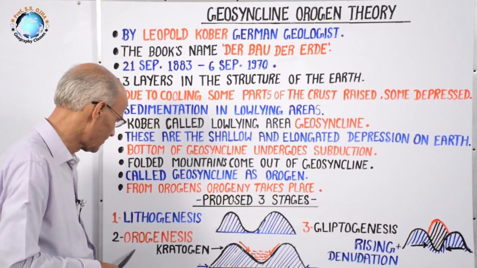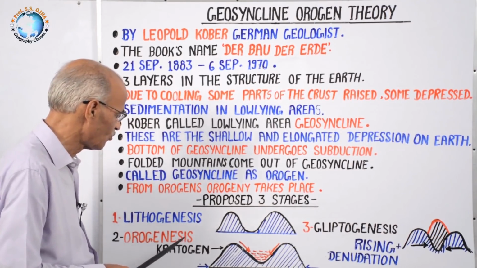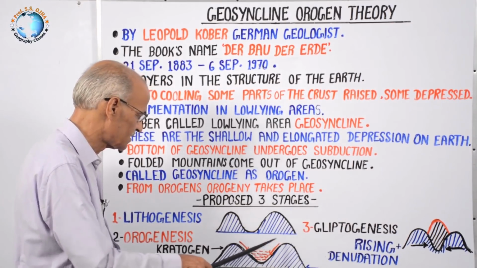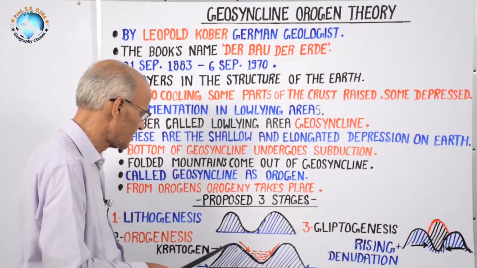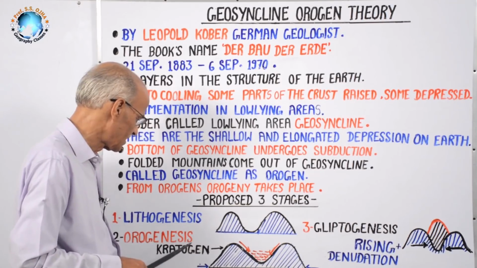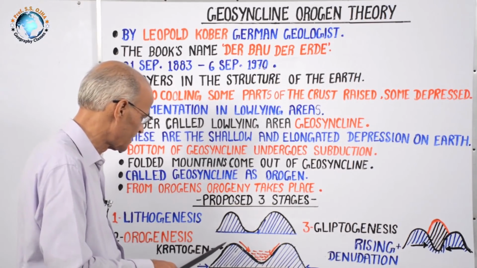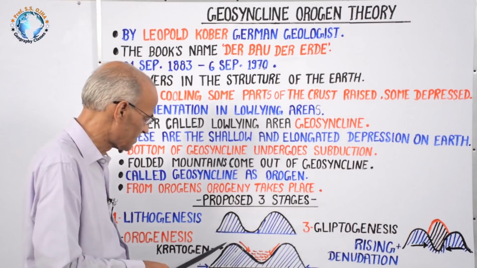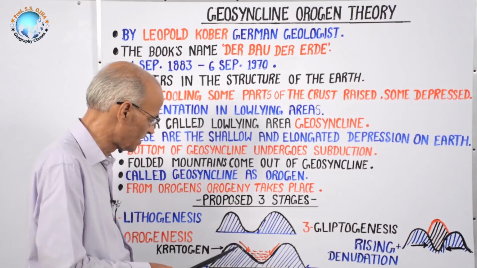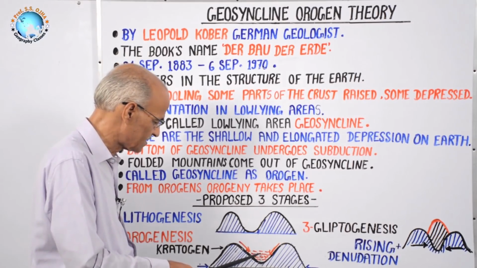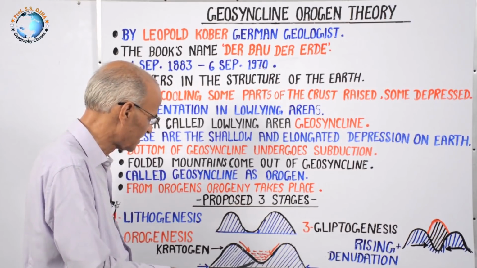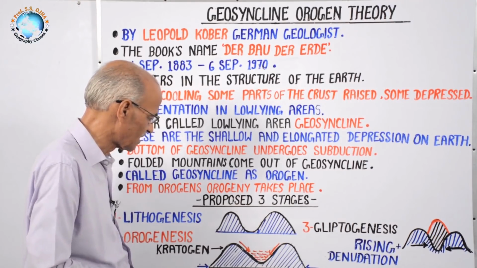The second stage was orogenesis. In orogenesis, he proposed that there were two raised parts, and those were called by KOBER in German kratogen. Rainfall occurred, and due to rainwater these were being eroded down, and the sediments or alluvium were deposited in the depression, or geosyncline.